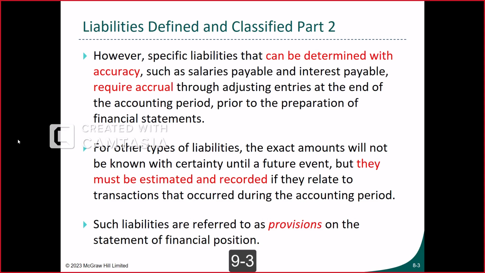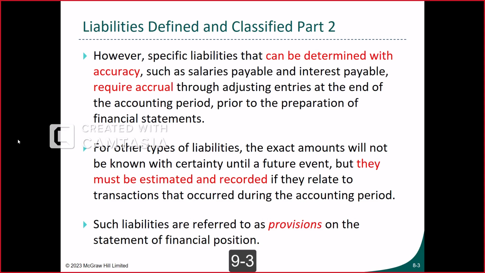There is an invoice. There is no estimate. That kind of liability is not subject to any estimate, and the amount can be determined with accuracy. That is the regular liability, such as accounts payable, salaries payable, wages payable, tax payable. Those are the liabilities that can be determined with accuracy.